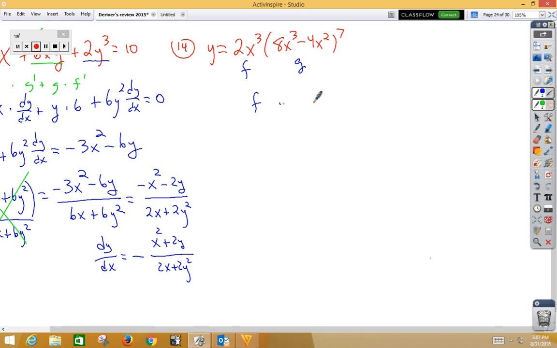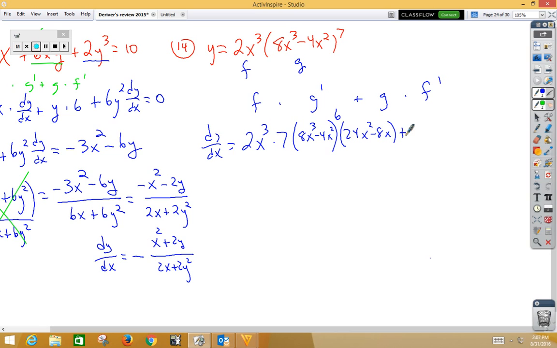We have f times g prime plus g times f prime. dy dx is equal to 2x cubed times derivative of the outside, don't change the inside, times the derivative of the inside, plus our second function, 8x cubed minus 4x squared to the 7th, times the derivative of the first, which is 6x squared.